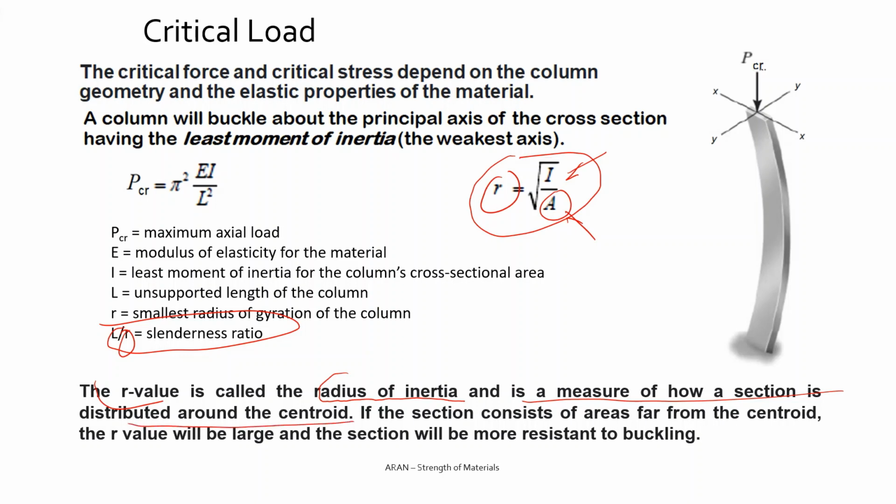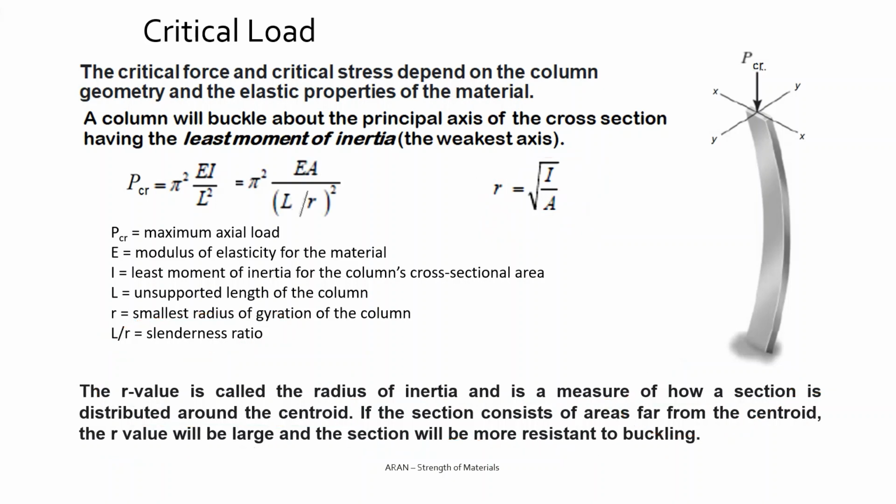If the section consists of areas which are far away from the centroid, then the r value will be large and the section will be more resistant to buckling. So the formula can also be written in terms of slenderness ratio as given over here.